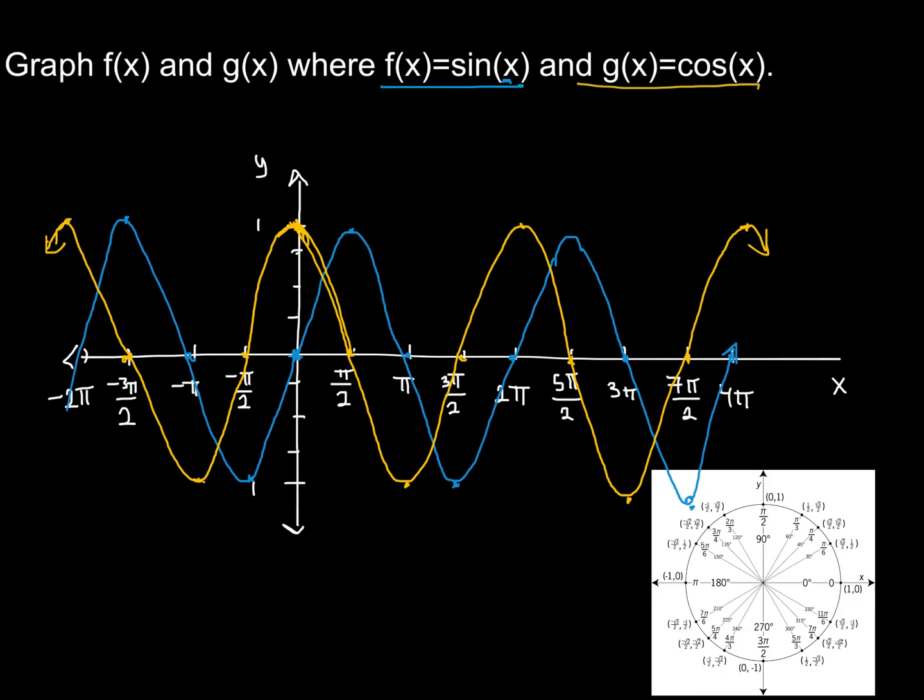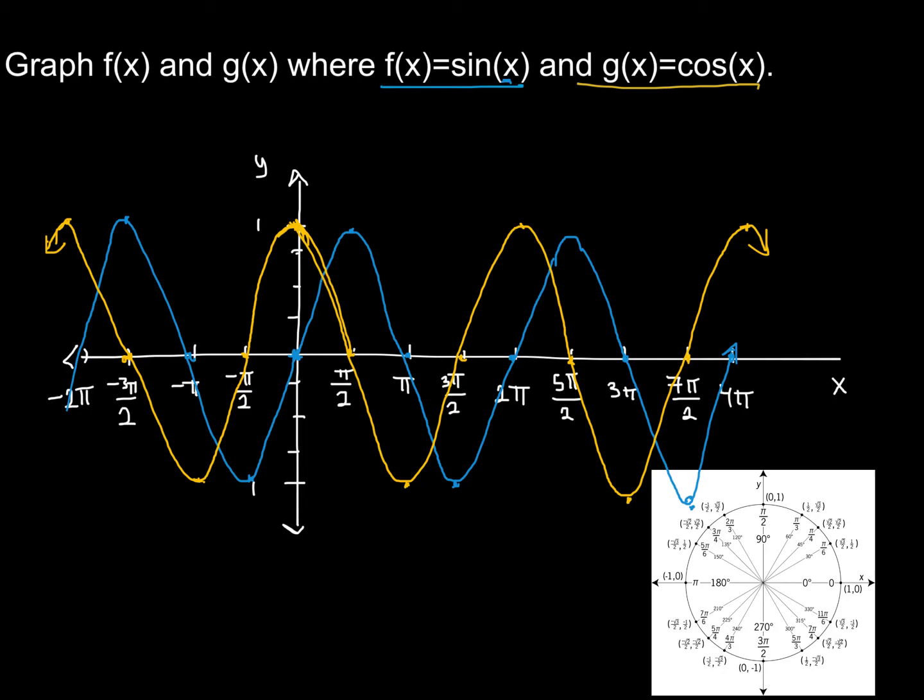What also is important to note is that all of these points here fall on the line as well. So think about where pi over 4 is. Pi over 4 is halfway in between, and so the sine of pi over 4 and the cosine of pi over 4 are the same, and sure enough, they intersect at that point. And we could check some of the other values.